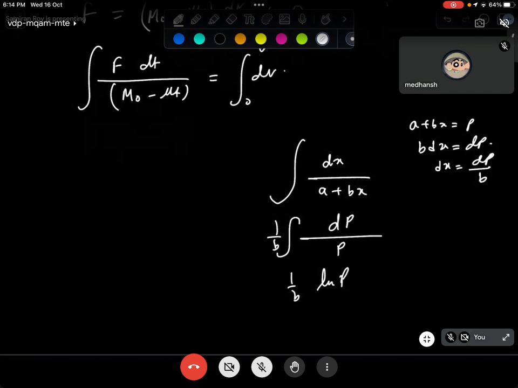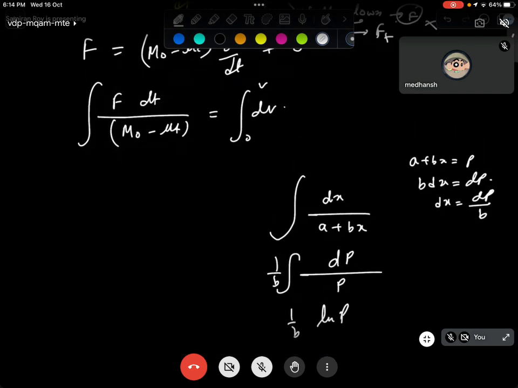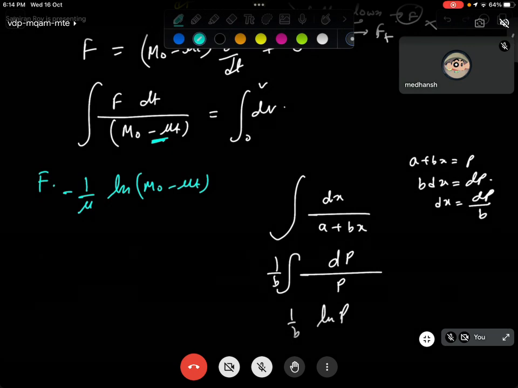So here, what is the coefficient of t? Minus mu. So you just write minus 1 by mu into ln, with force kept as it is, outside the integration. ln of m naught minus mu t, from 0 to t, equal to dv which is v.